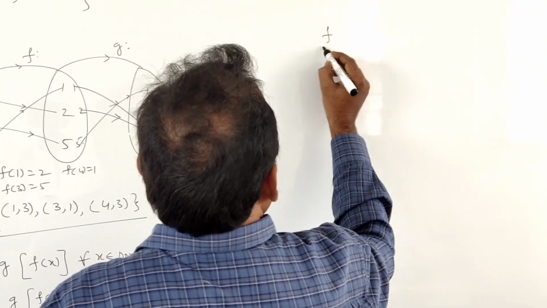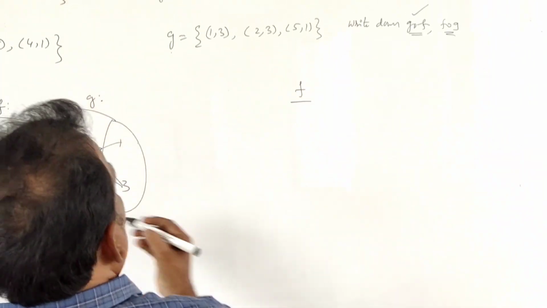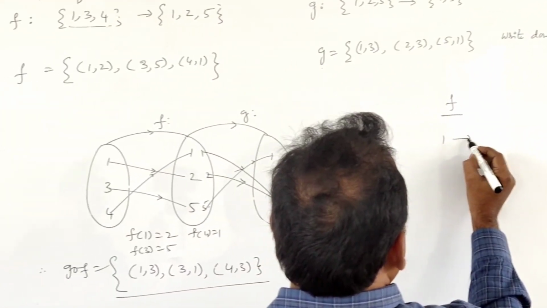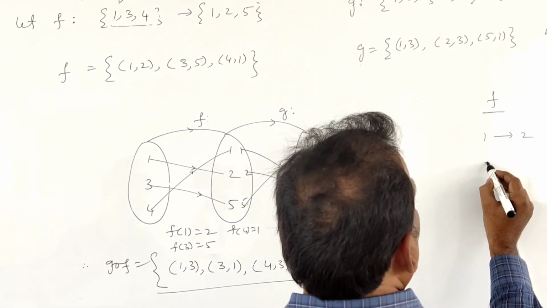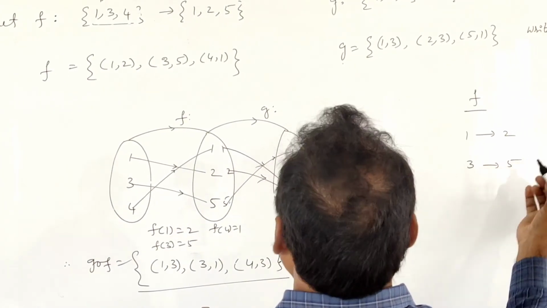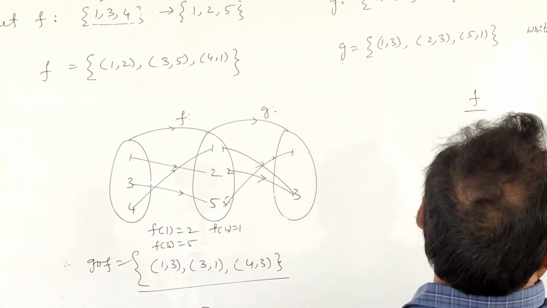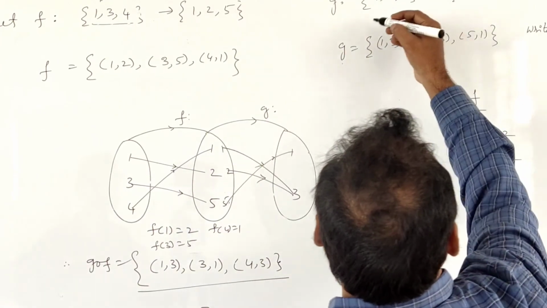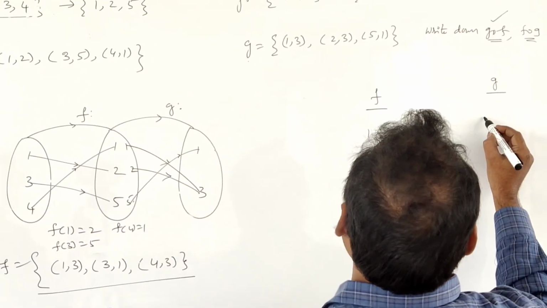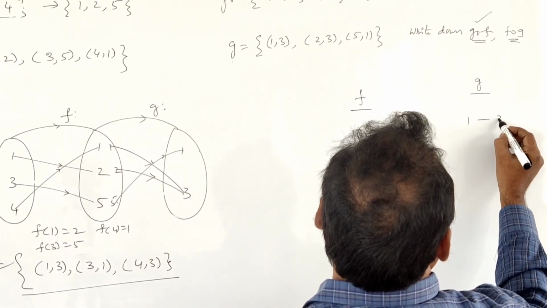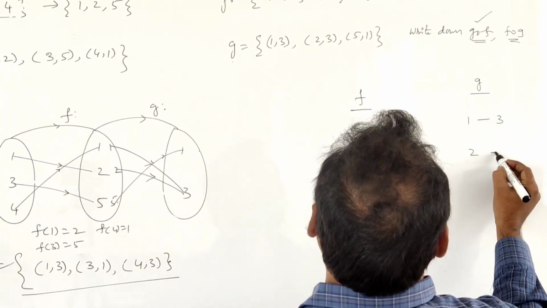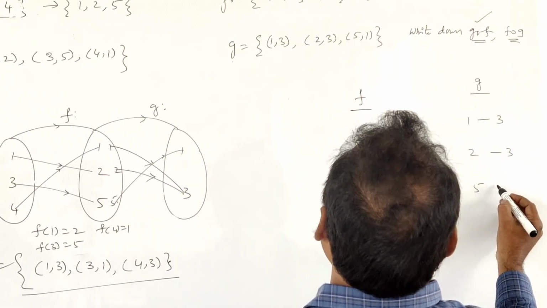F is a function mapping 1 with 2, 3 with 5, and 4 with 1. G is a function mapping 1 with 3, 2 with 3 and 5 with 1.